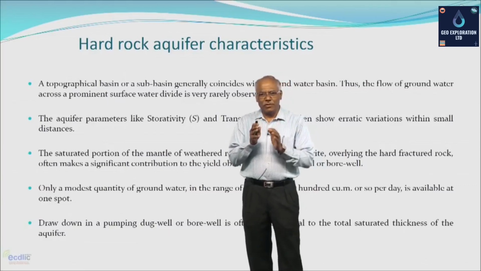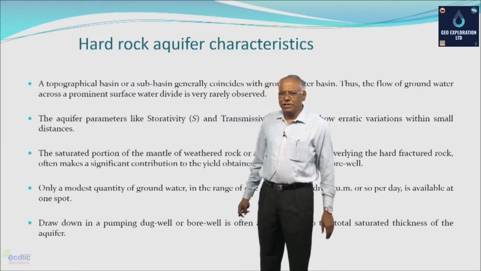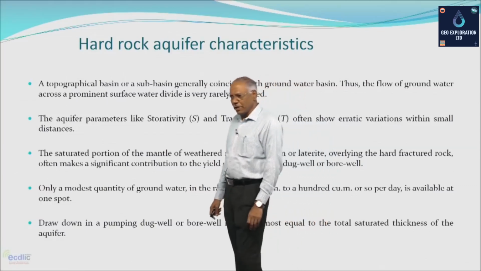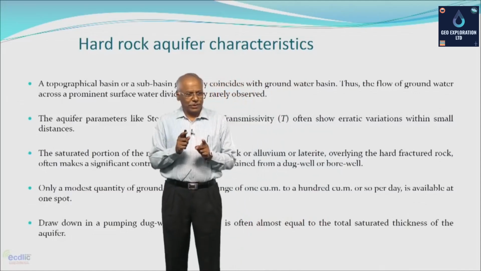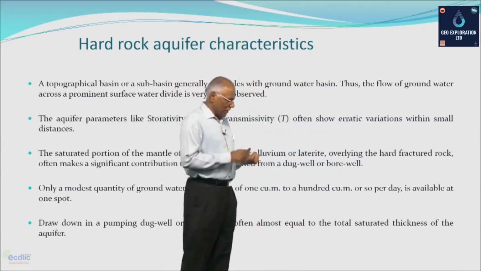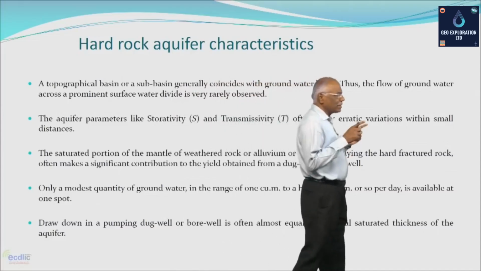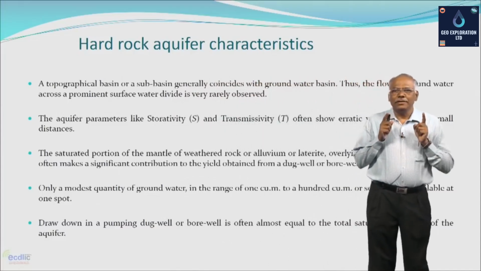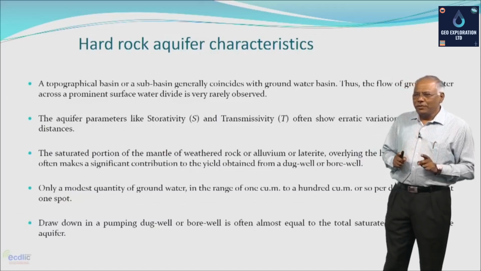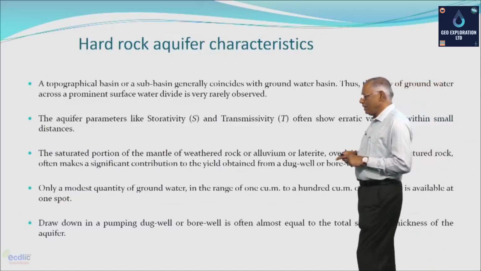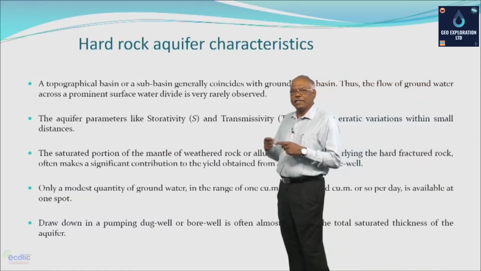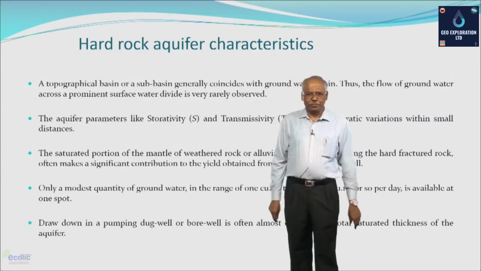We do not have soft rocks, we do not have sedimentary rock formations largely present in this particular area. Therefore, all the aquifers or groundwater that occurs within the subsurface is only in the hard rocks, and we need to look at what really are the characteristics of these hard rock aquifers.